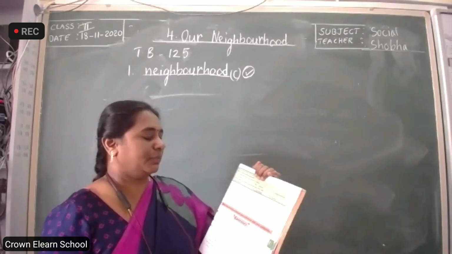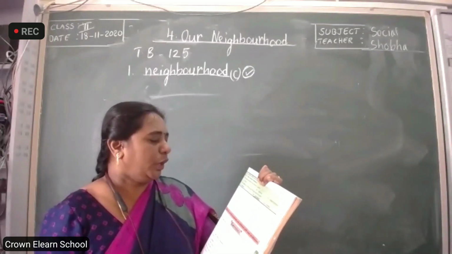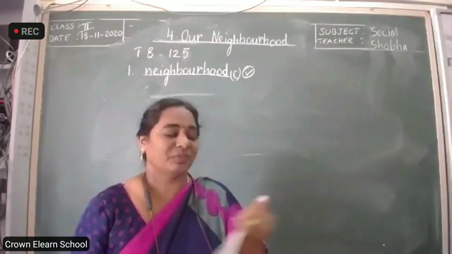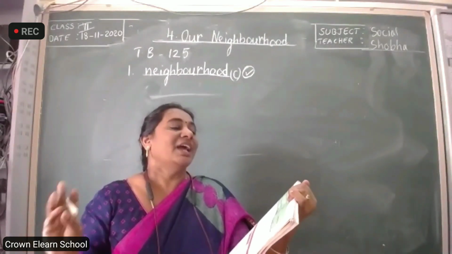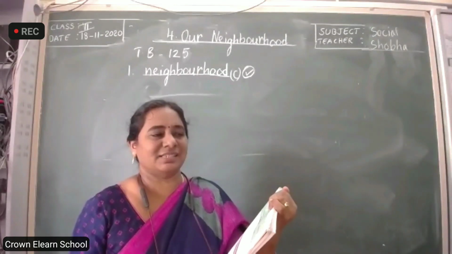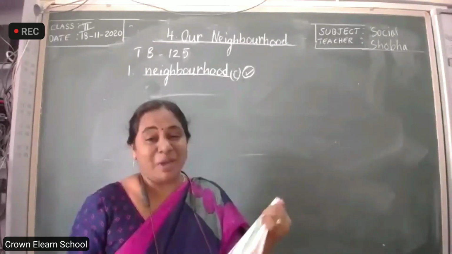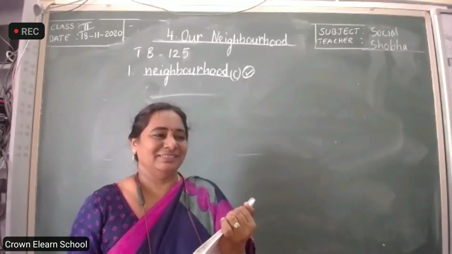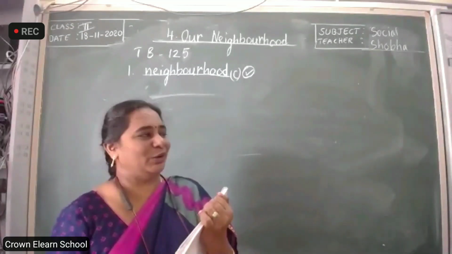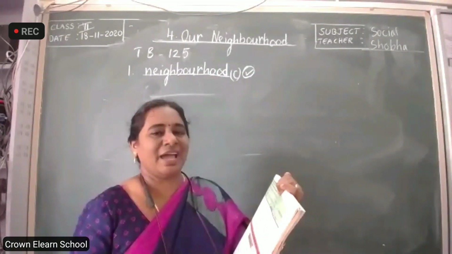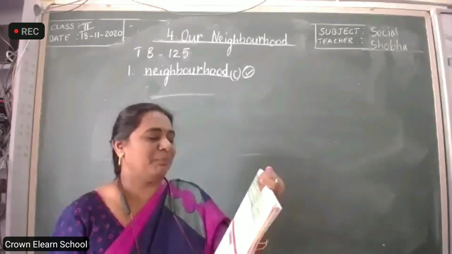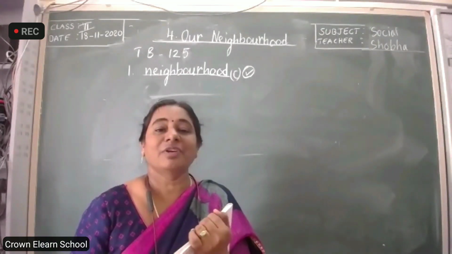Next, second one. Who help us to keep our things and lives safe? Options: doctors, policemen, nurses. Policemen. Very good. What name? Dikshita. Very good. Okay. So Dikshita has given the answer policemen. Who help us to keep our things and lives safe?